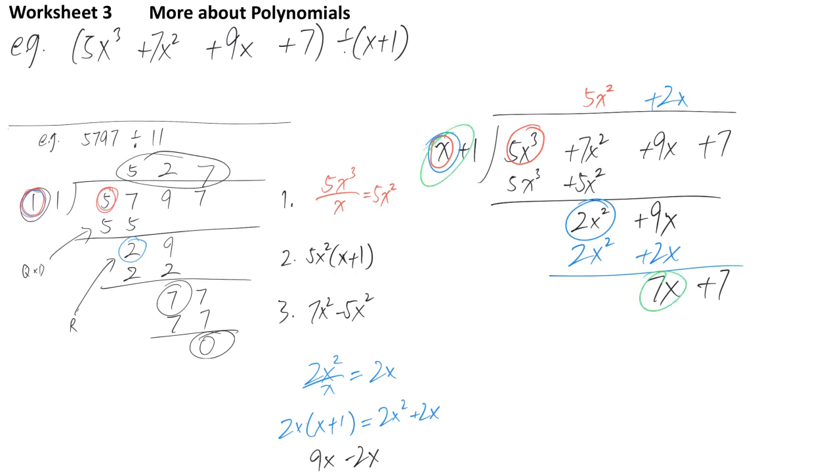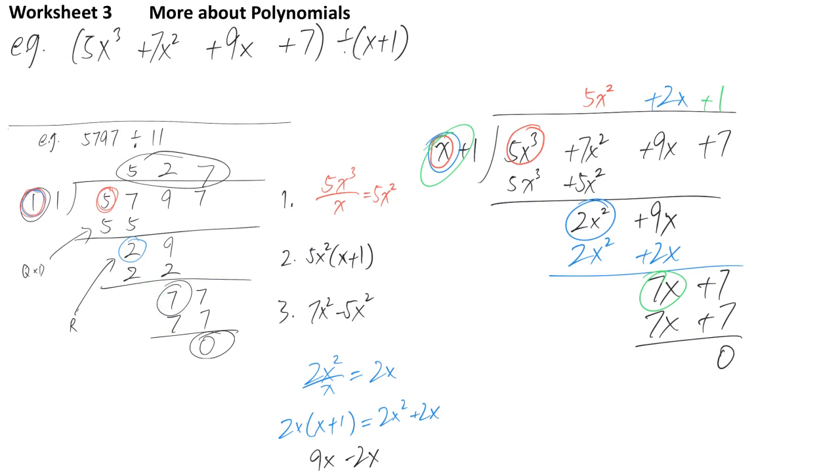Last cycle, 7x divided by x, we get positive 1. And then 7x plus 7, and when we deduct it, we get 0 remainder. So that's how you handle this one. You'll find it is exactly the same as what you did in primary school. So you're not learning new things, but just revising what you learned a long time ago.